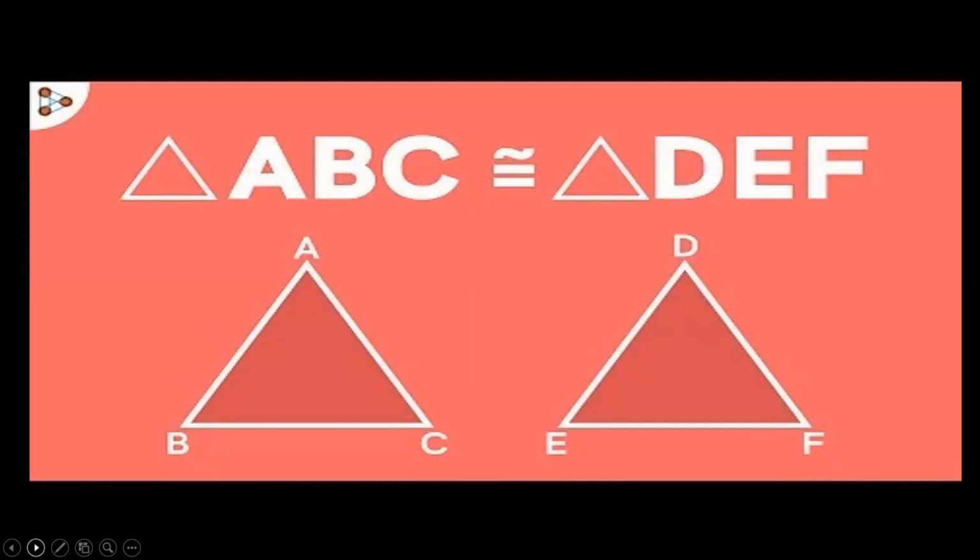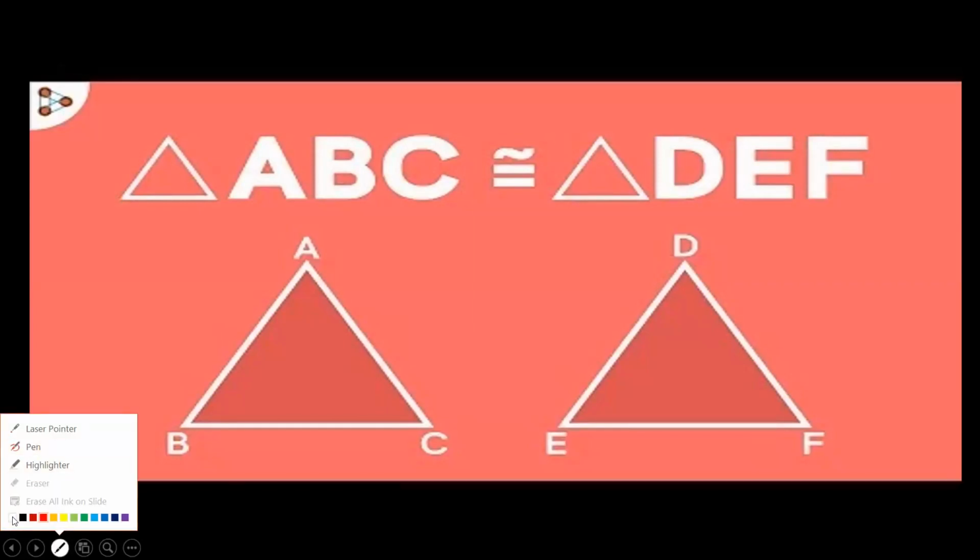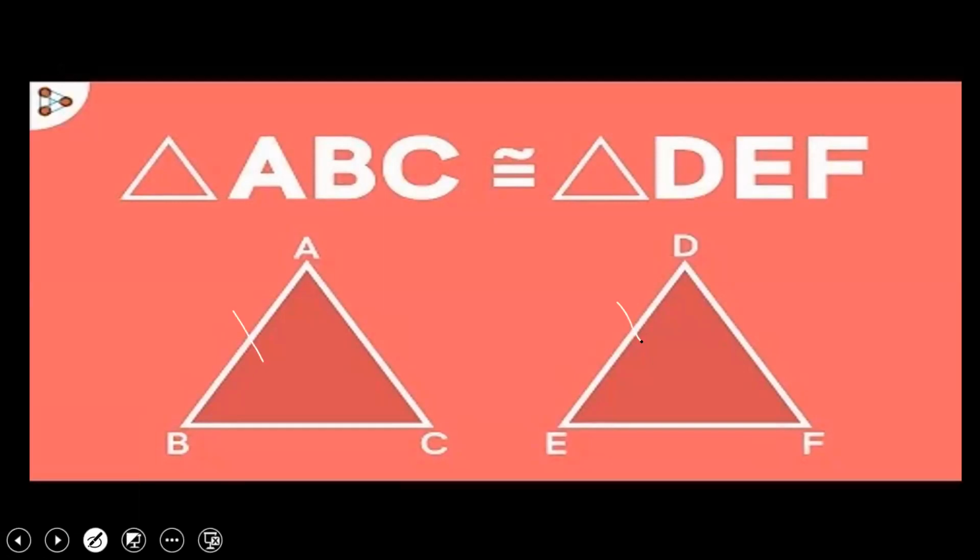By comparing, by checking each side. As an example, I will check the first side with its corresponding side. So I will say that AB corresponds to DE, and the side AC is congruent to DF, and also the side BC is congruent to EF.